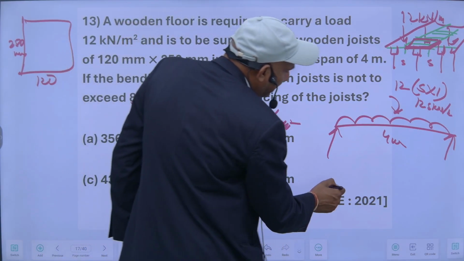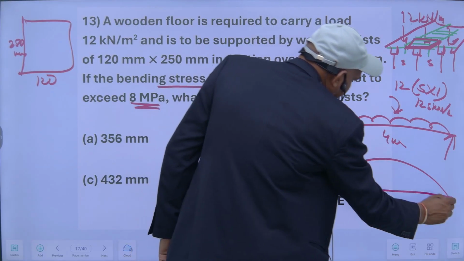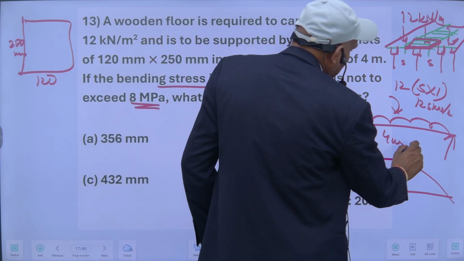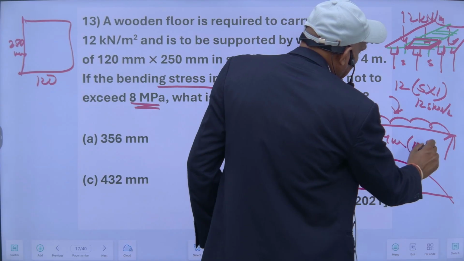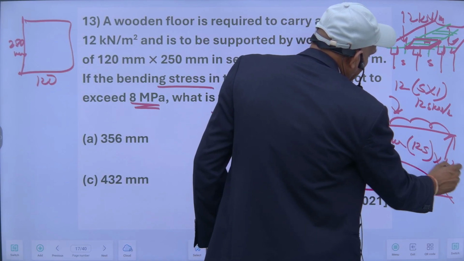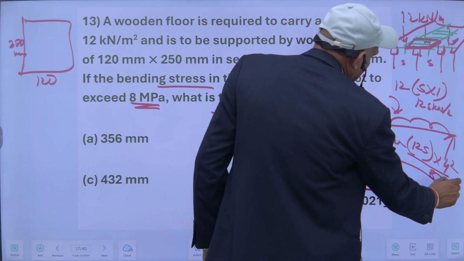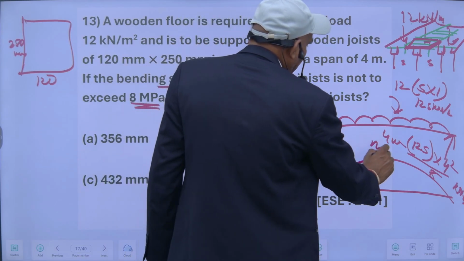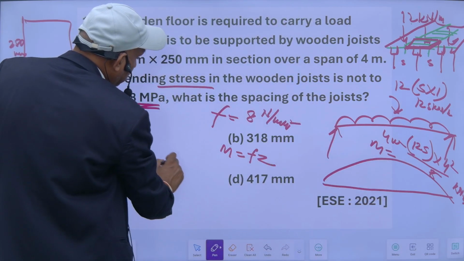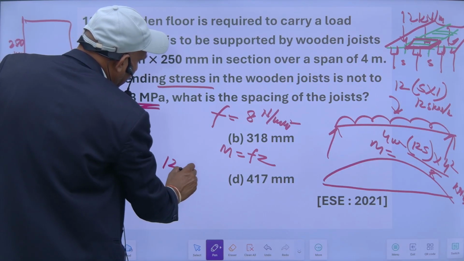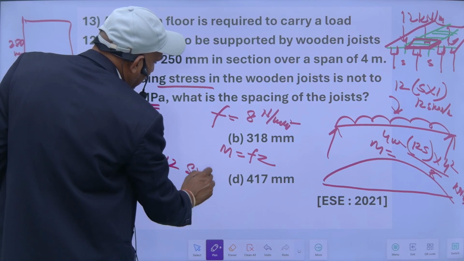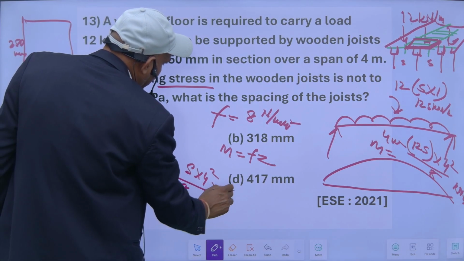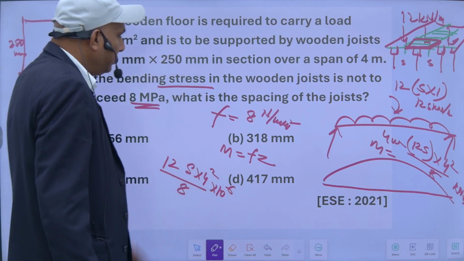What will be the maximum bending moment here? It will be WL square by 8, meaning 12S is the intensity into L square divided by 8, in kilonewton meter. So this is the bending moment M, equal to 12 into S into L square upon 8, multiplied by 10 raised to the power 6 is Newton mm.